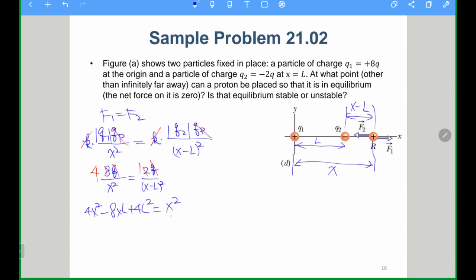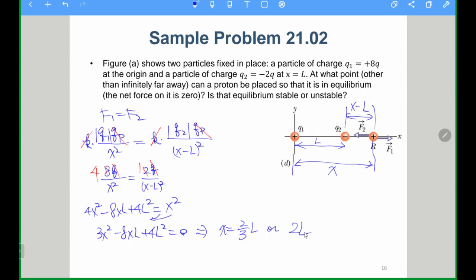Okay, so we just move this one over. We have 3x squared minus 8xL plus 4L squared equals 0. Okay, so we can do some factorization. We can know the answer should be x equals 2/3 of L or 2L.